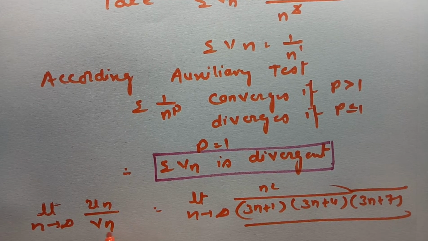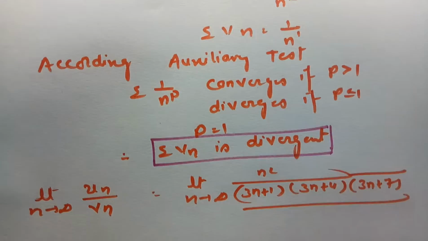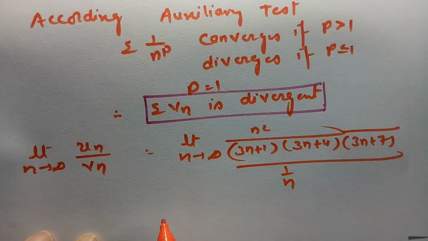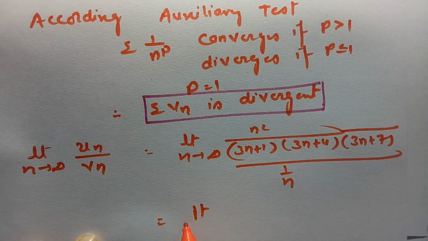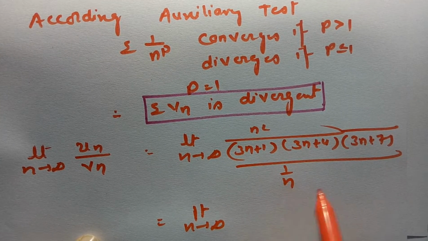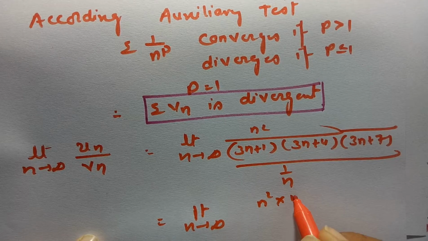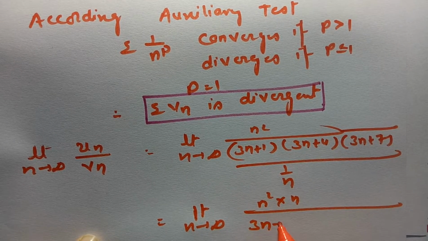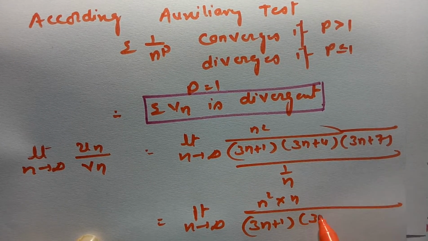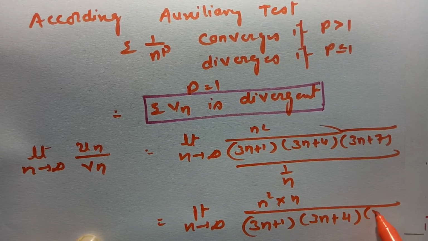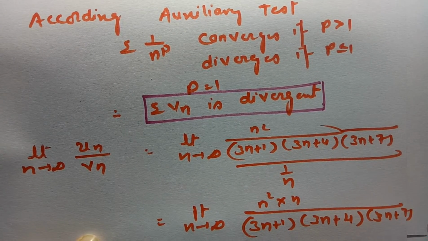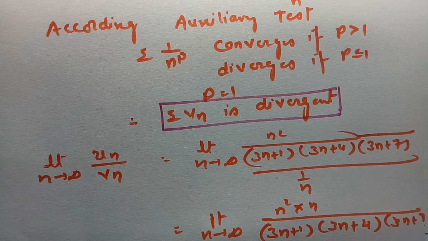The vn value is 1 by n. So this will be limit n tends to infinity of n square into n by 3n plus 1 into 3n plus 4 into 3n plus 7. We have to check this value.